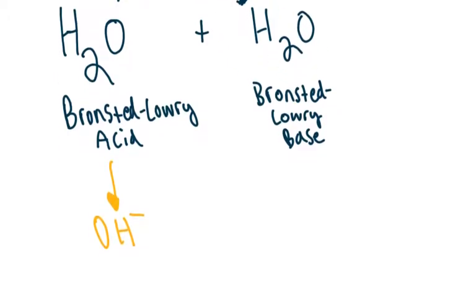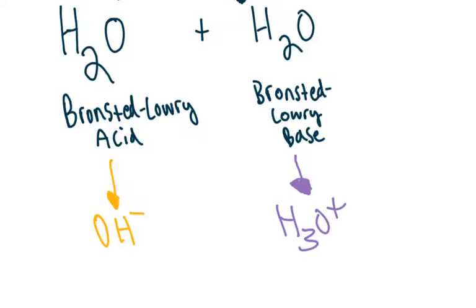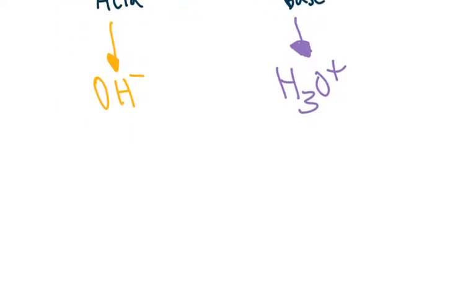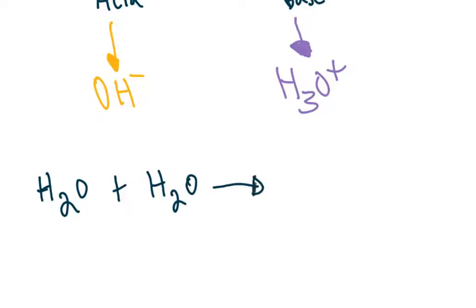So let's write out the whole reaction. We have water plus water, and if we draw our arrow, it yields our OH and our hydronium.